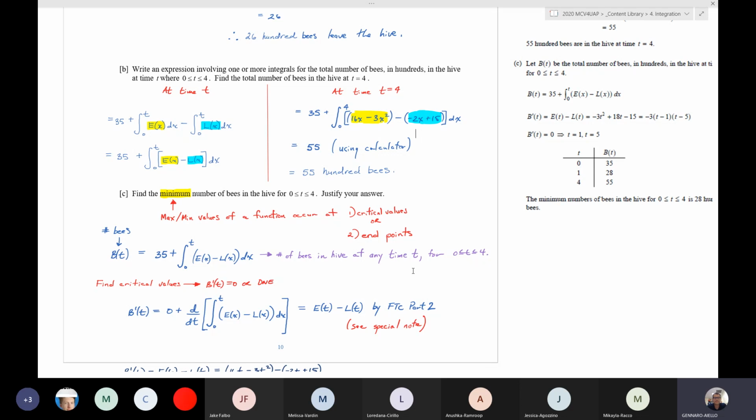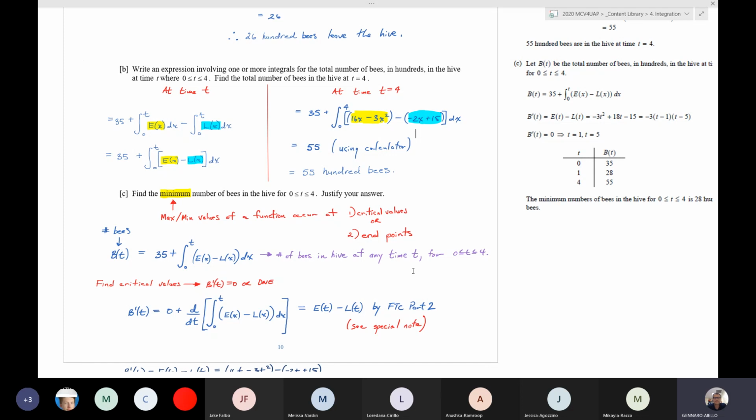Everybody okay so far? So again, we're trying to find an absolute, in this case, an absolute min. Absolute mins can only occur at endpoints of a function or at critical values of a function. So we're going to have to find the critical values of our function b of t.